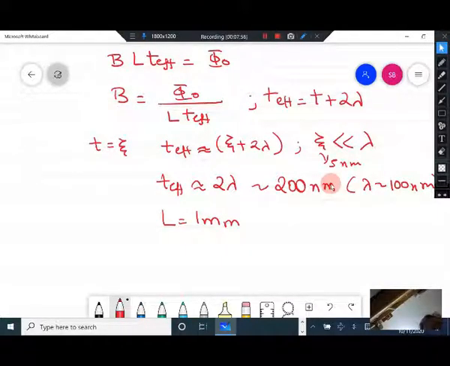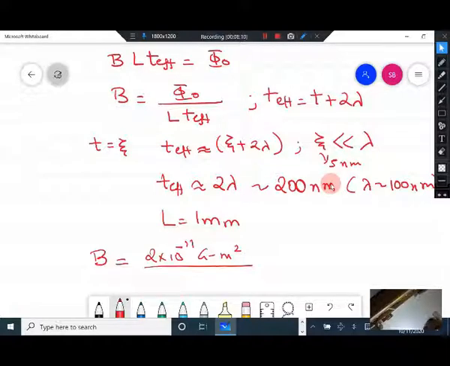then you will see that B will be 2 into 10 raised to the power of minus 11 Gauss meter square divided by 2 into 10 to the power of minus 7, which is your T effective, into the length, which is 10 to the power of minus 3, and this will give you 10 raised to minus 1 Gauss.